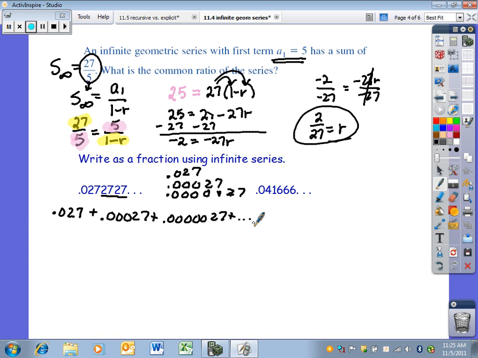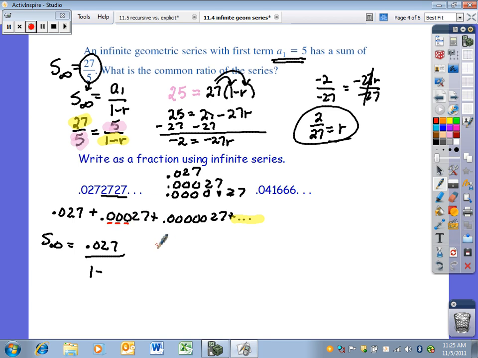So is this an infinite series? Yes, it is. And if I want the sum of an infinite series, I take the first term, which is 0.027, over 1 minus the ratio. To find my ratio, I take this divided by this, or in other words, I added how many decimal places?